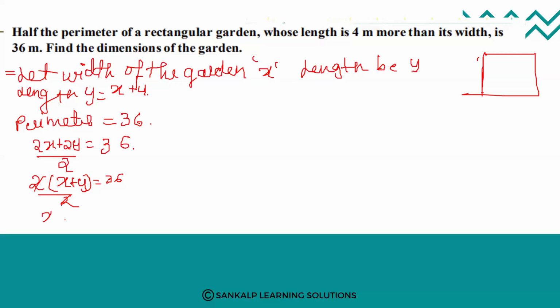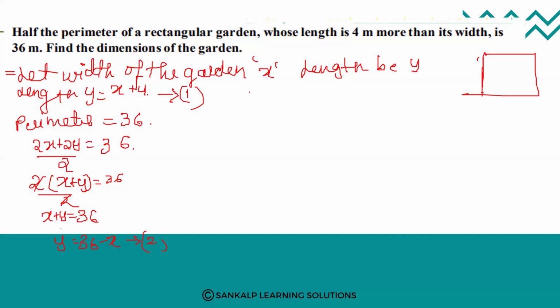So x plus y is equal to 36 you will have. Therefore, y is equal to 36 minus x. So this is equation number 2 and this is equation number 1. Now, we'll form two tables for these two equations.